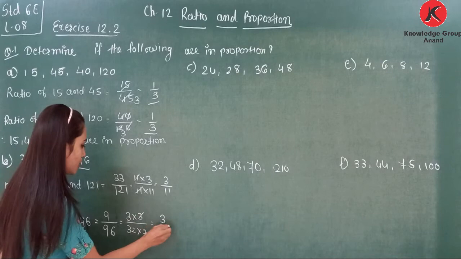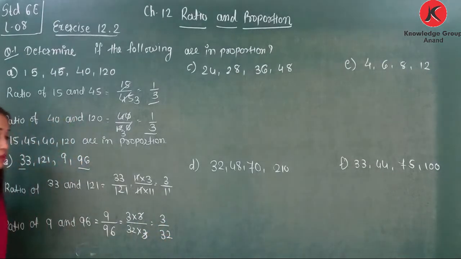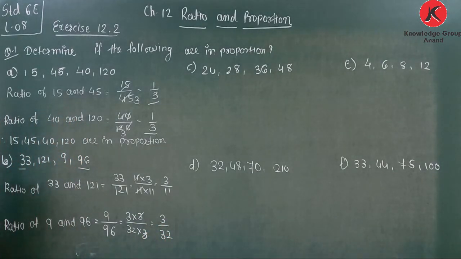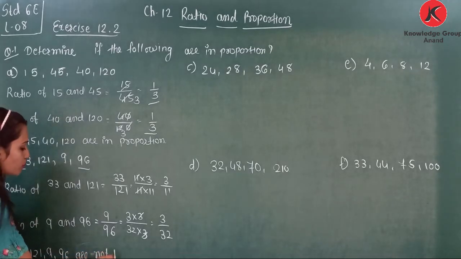So it is 3 by 32. Now the ratios are different. So we can write 33, 121, 9, 96 are not in proportion.